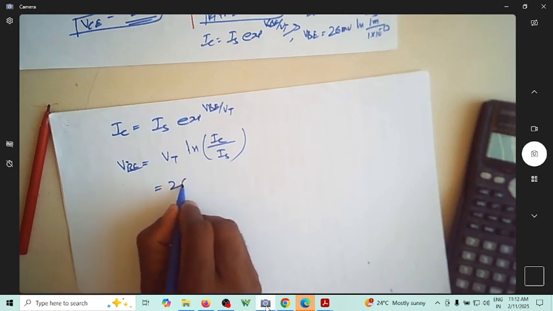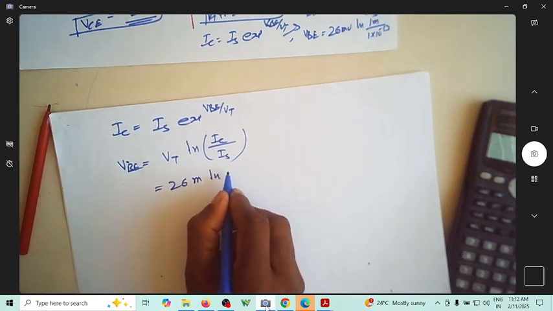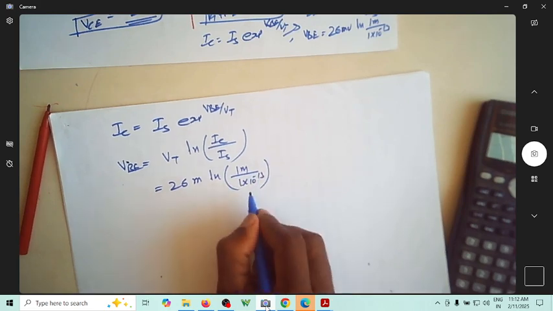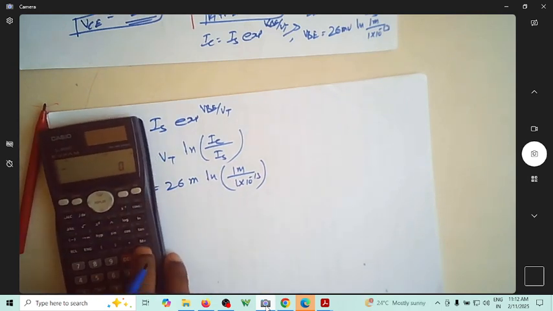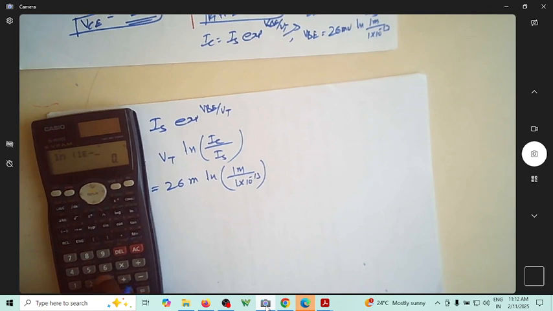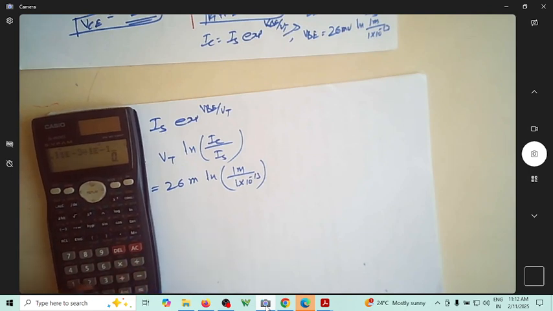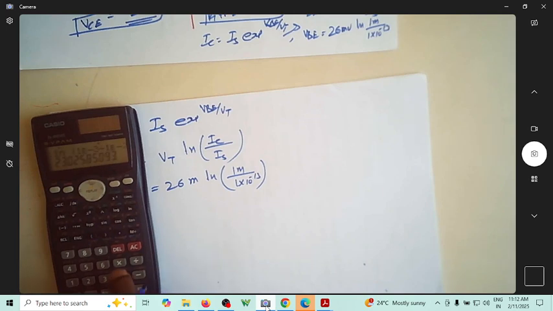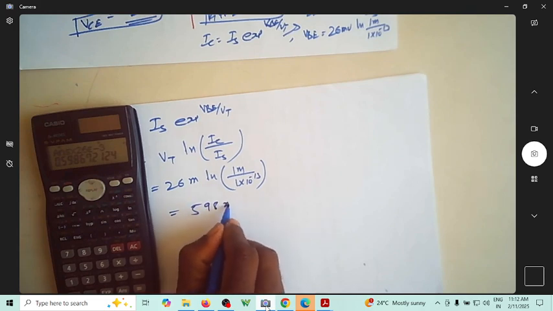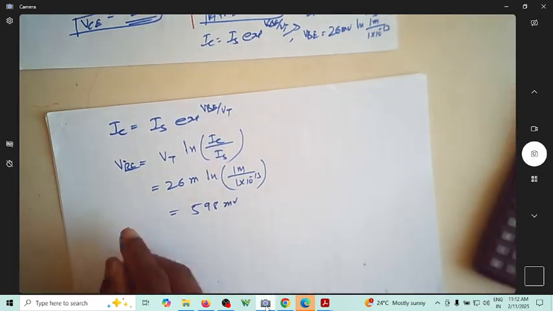So 26 milli into ln of 1 milli by 1 into 10 power minus 13 ampere. So how much is this? It is now 598 millivolt, which is my VBE.